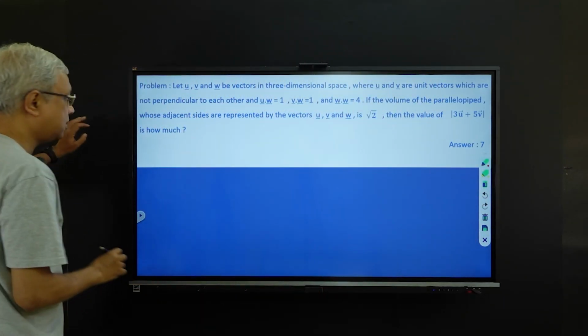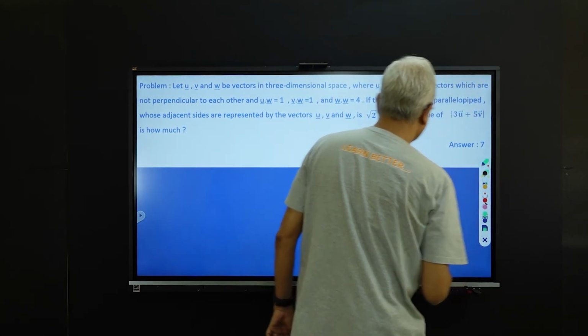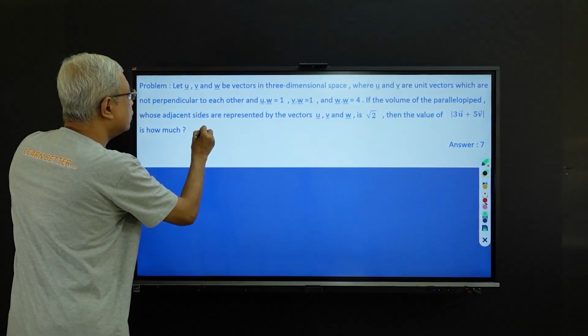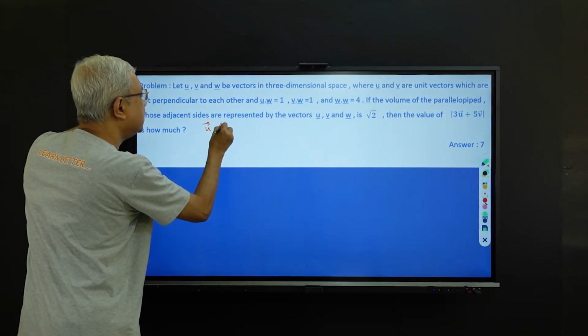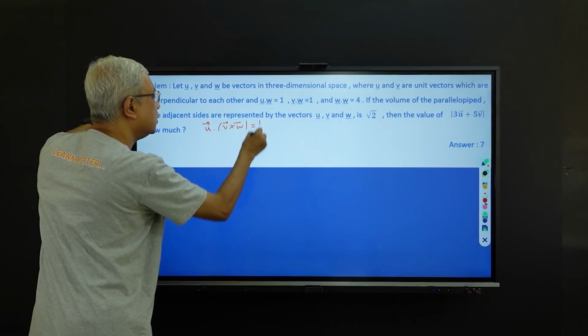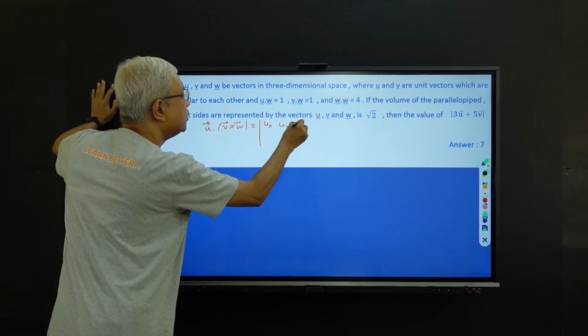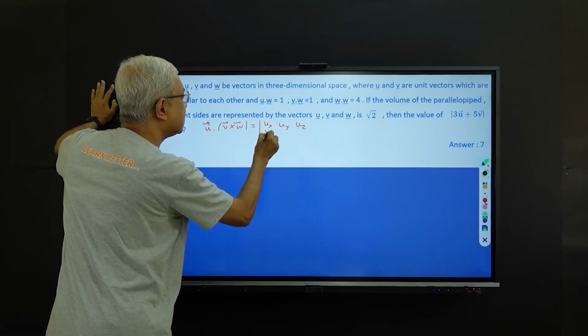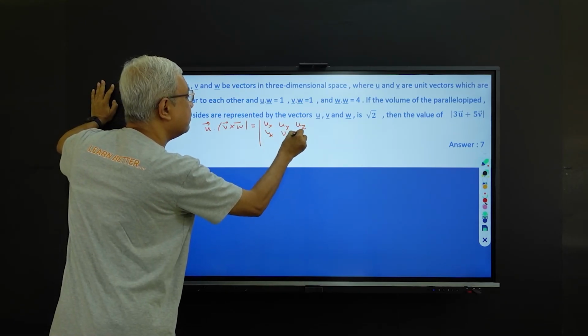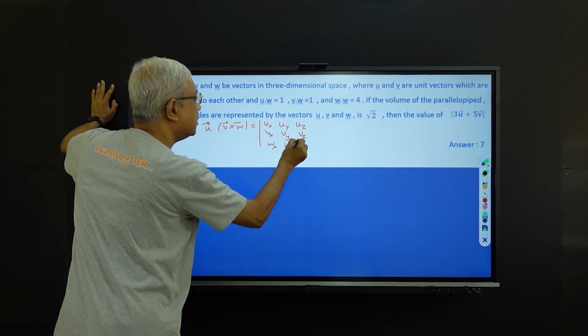So let me write over here: U dot V cross W is equal to the determinant of Ux, Uy, Uz, Vx, Vy, Vz, Wx, Wy, Wz.